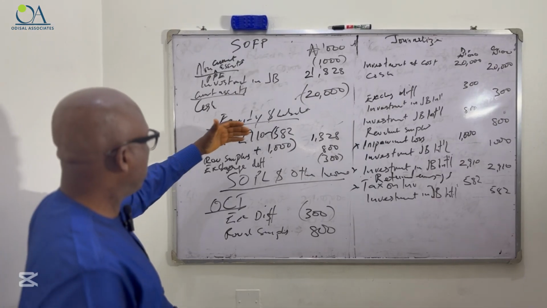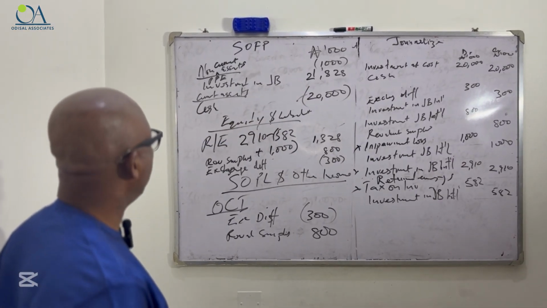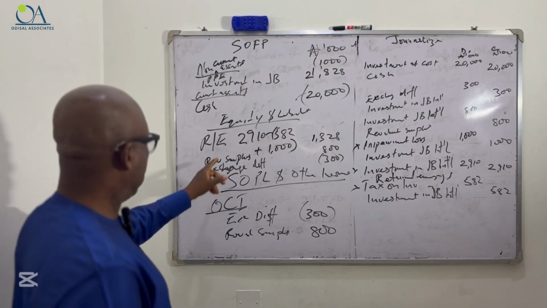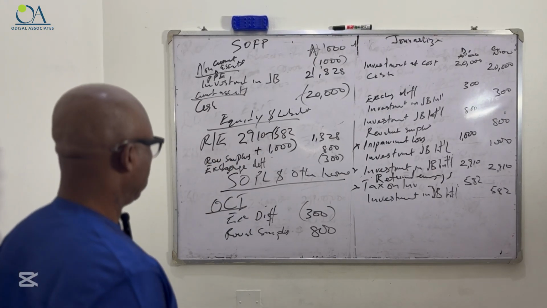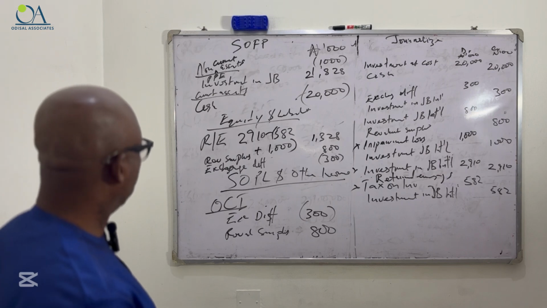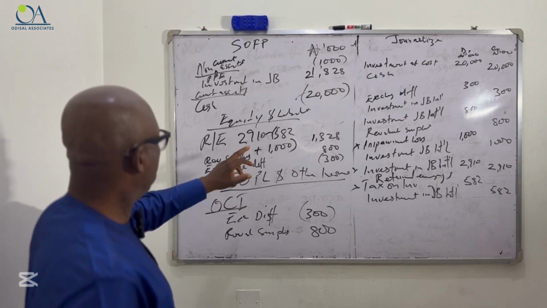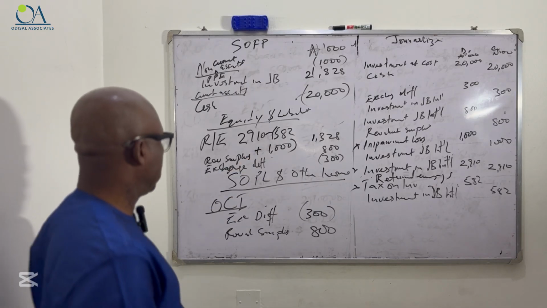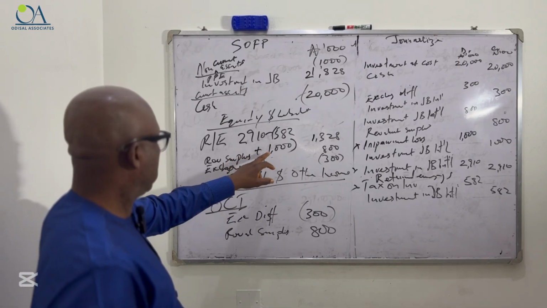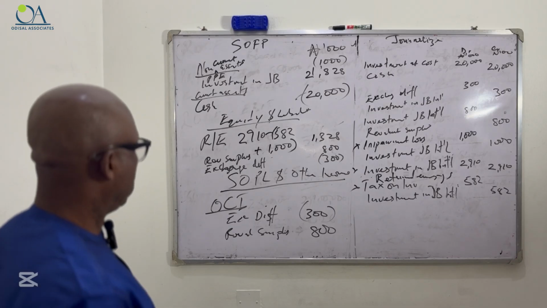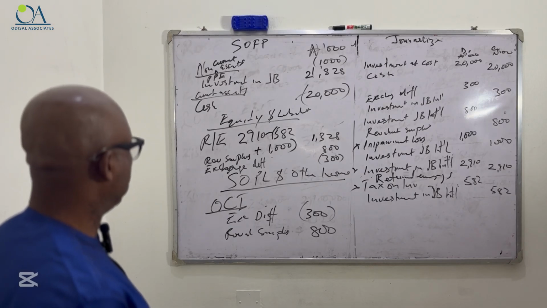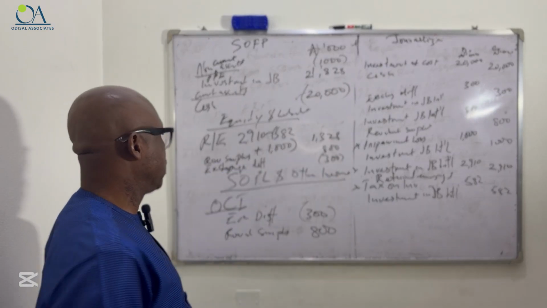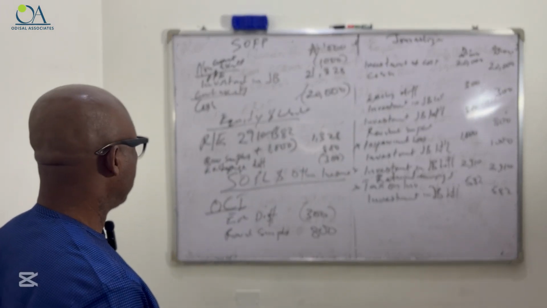So you come down to the other side of the statement of financial position, equity and liabilities. The retained earnings is 2.910. You will remove the tax and the impairments, which will give you 1,328 million.